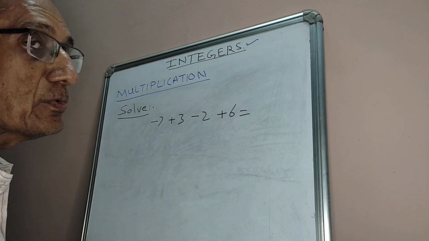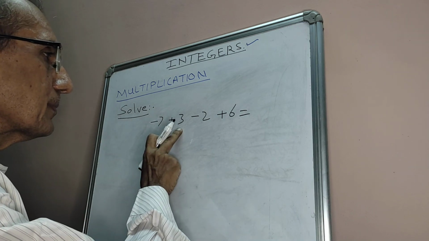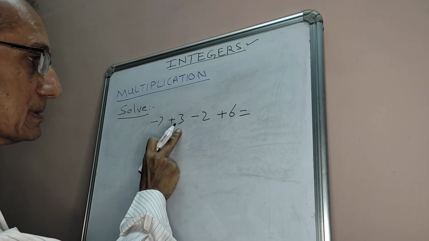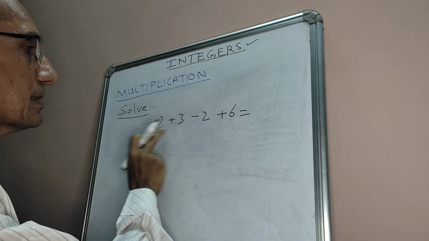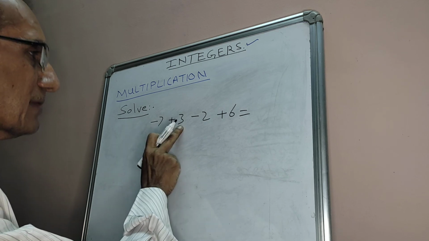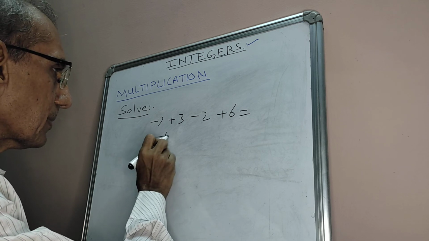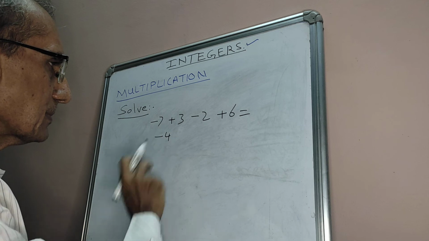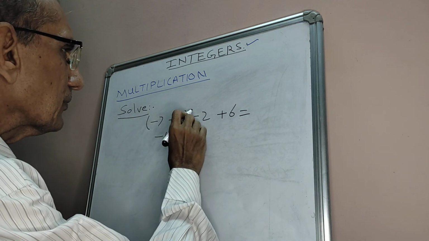When two numbers have different signs, we subtract the numbers and put the sign of the greater number. So here, minus 7 plus 3, if I do it first, what do I get? Minus 4. Then I'll come back to this.